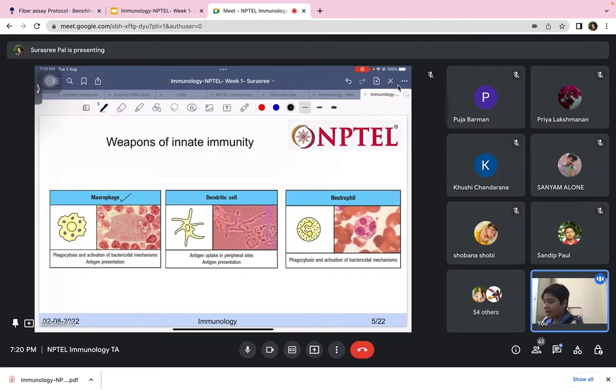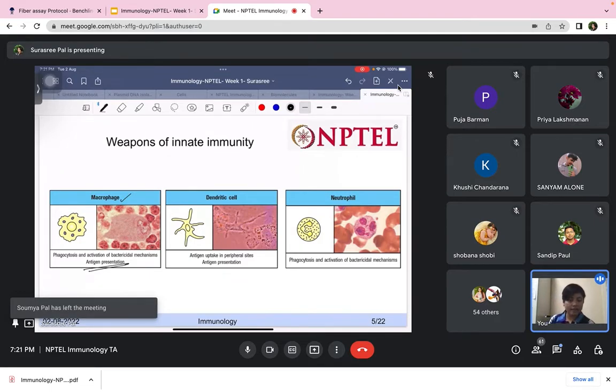Antigen presentation is one of the crucial properties of these immune cells, and most importantly, they can present these antigens to the cells which will actually initiate the adaptive immune response of our body.